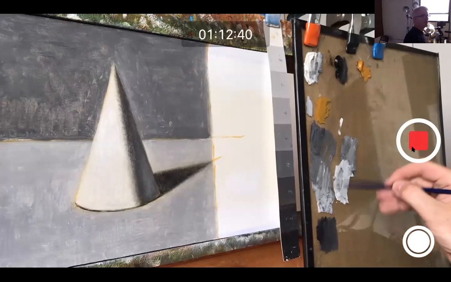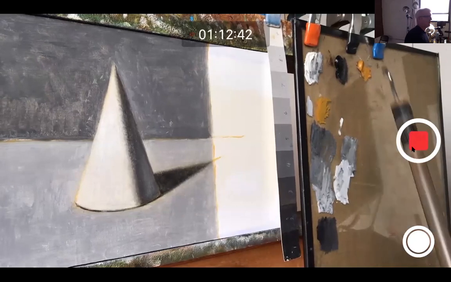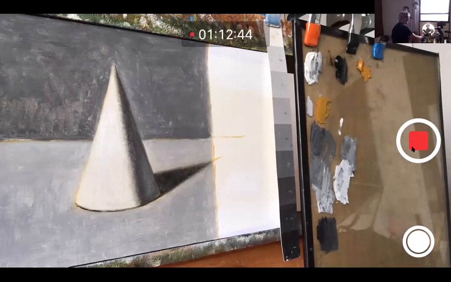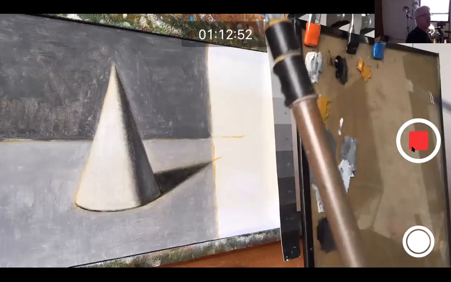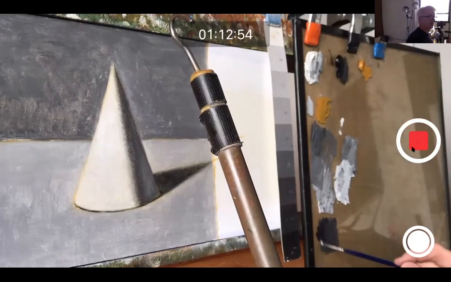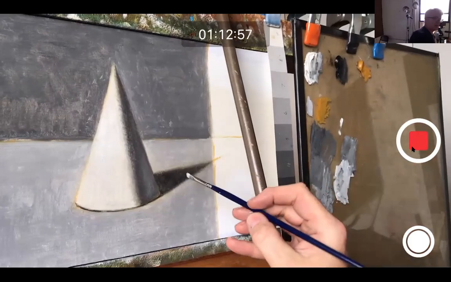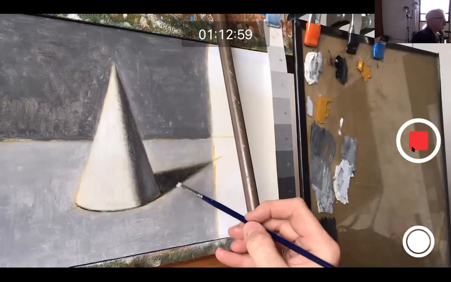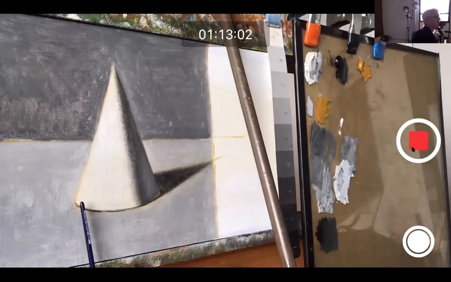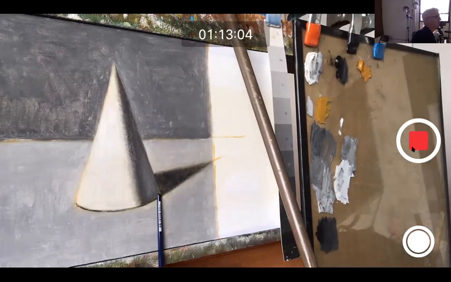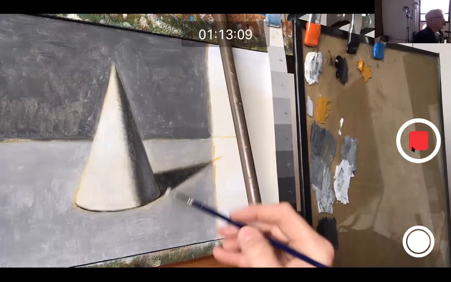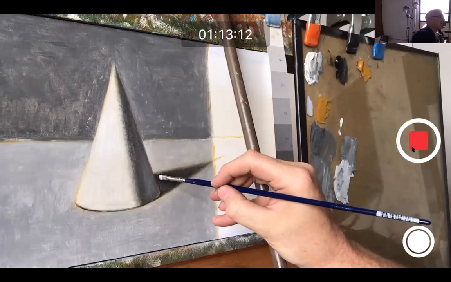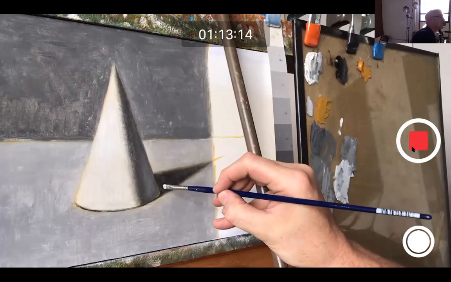Before we go on to the highlight, my drawing is not totally convincing on the ellipse. So I'm going to go back in with nearly black and bring in the occlusion shadow.